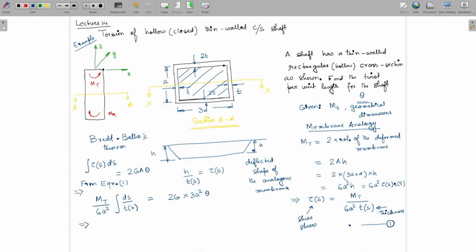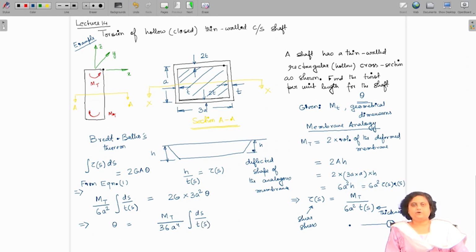From this we can say that theta is going to be MT by 36 a to the power 4 G into the integral of ds by t(s).